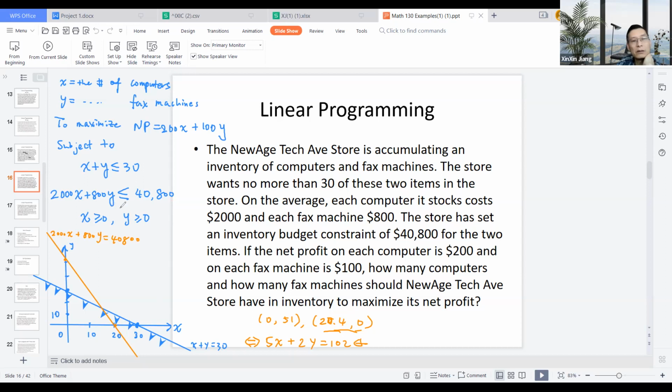And then we see this is less than or equal to, and again, use the origin to test, and 0 plus 0 is less than 40,800. That's pretty fine. So the inequality holds. That means the half plane that includes the origin is the right region for this inequality. All right, so we do that. We mark 387.